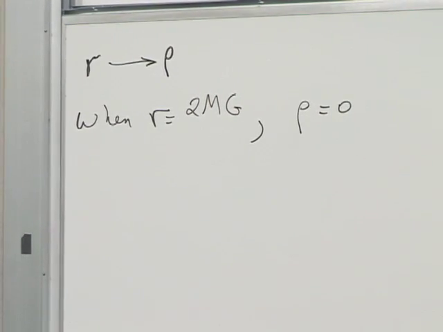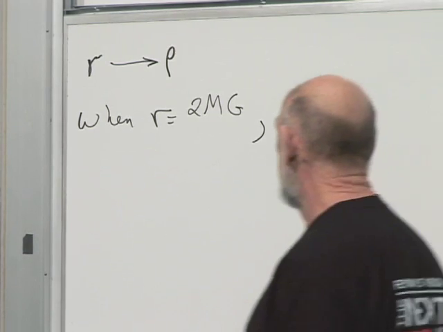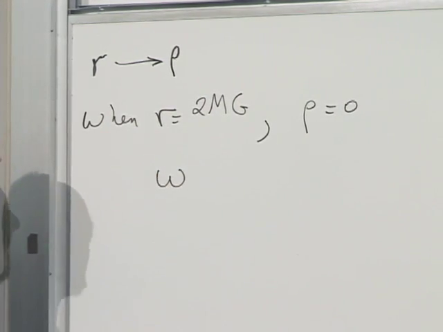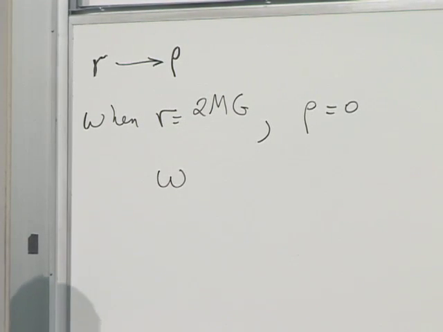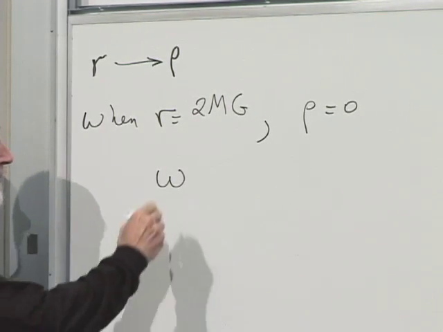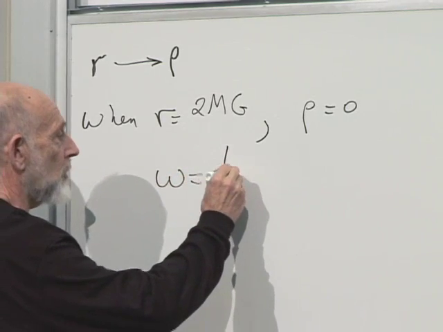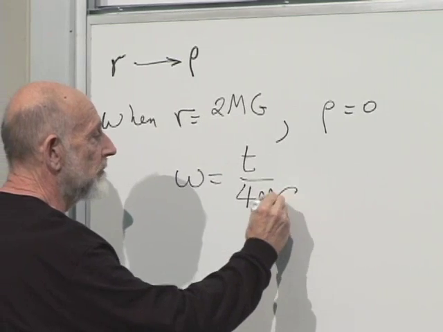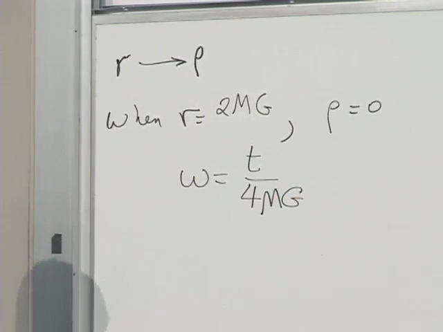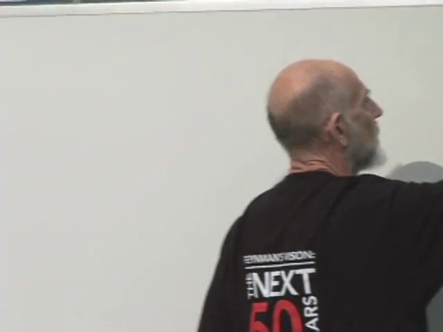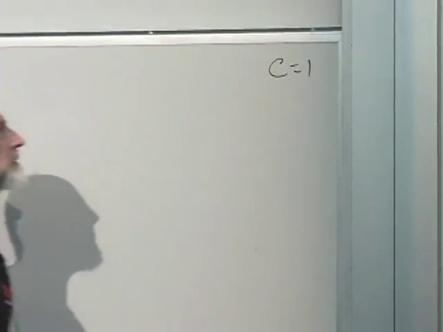We also made another change of variables. Omega, which is a dimensionless time variable, is equal to the Schwarzschild time divided by 4MG. Roughly speaking, in every place here, c is equal to 1.